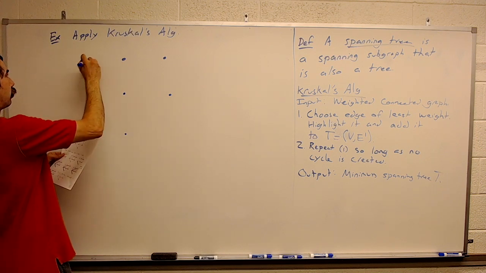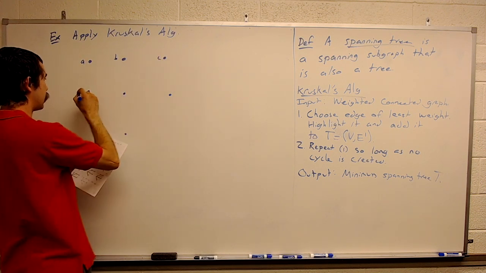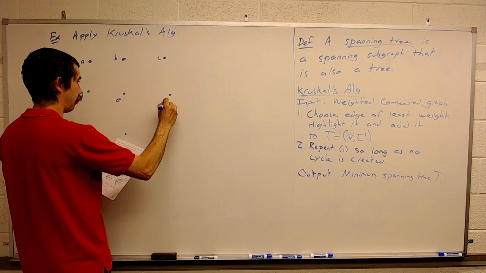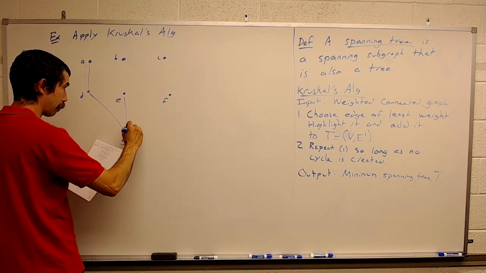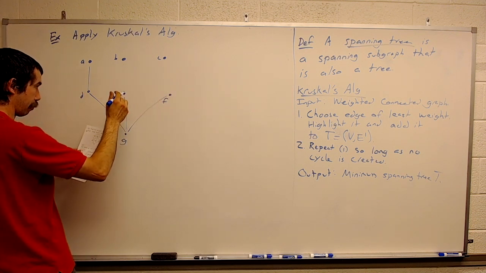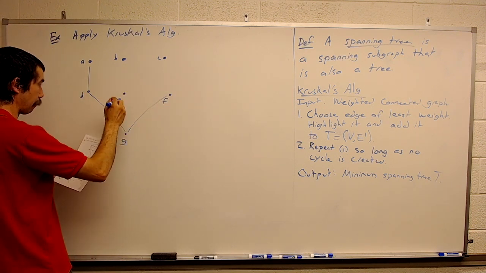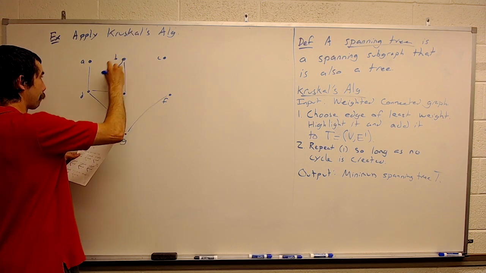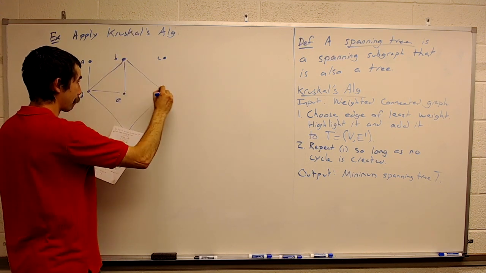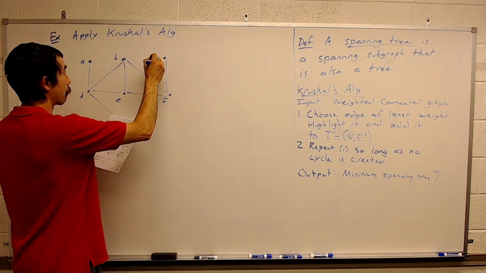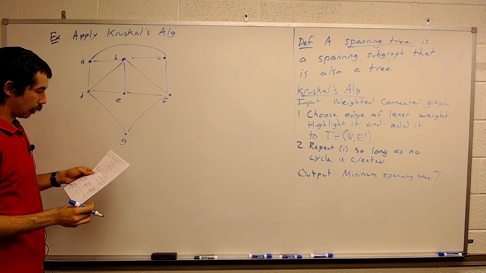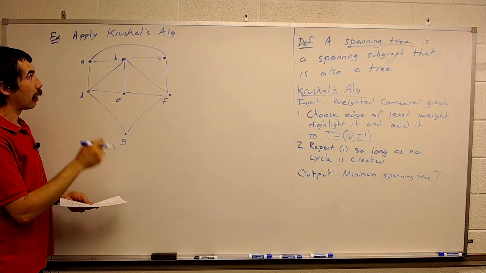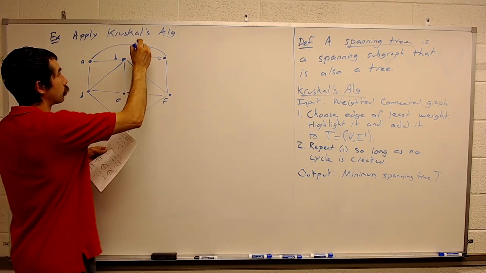All right, so these will be the vertices A, B, C, D, E, F, and G. All right, and so here are the edges, and now we also have to give it the weights.